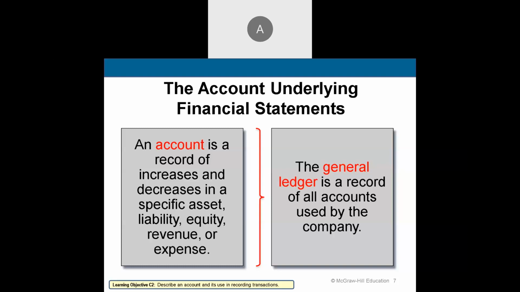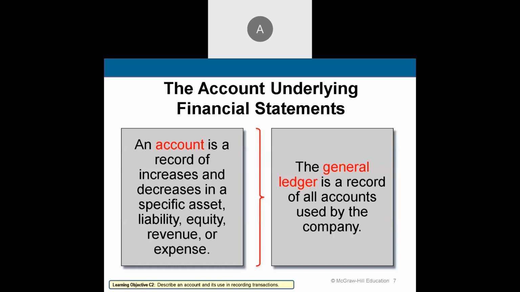I receive cash from you, the customer. I'm increasing an asset, so I debit it. I credit sales revenue to increase the revenue account.